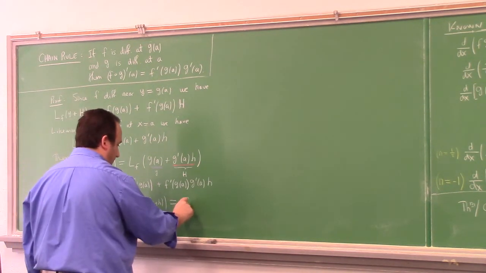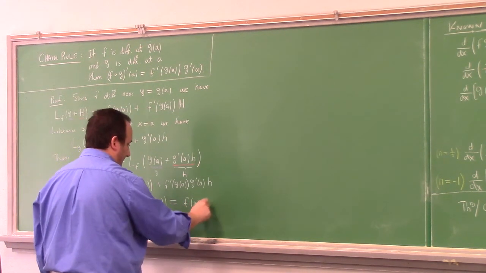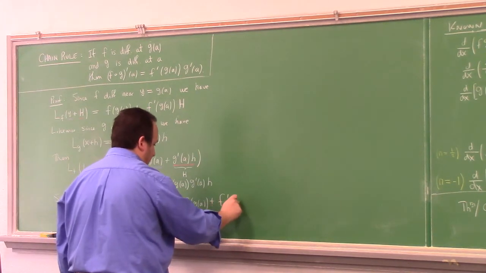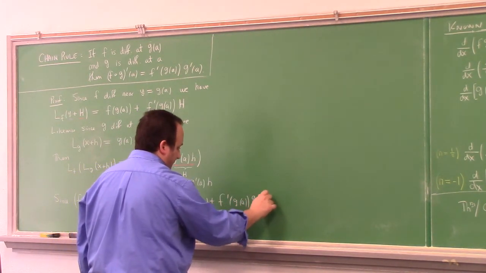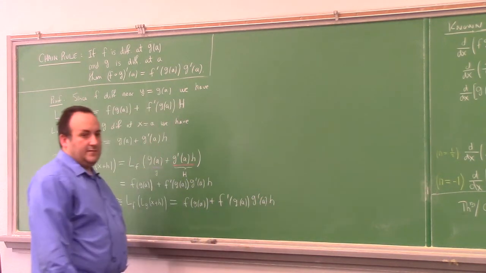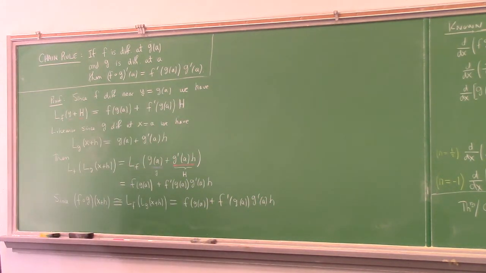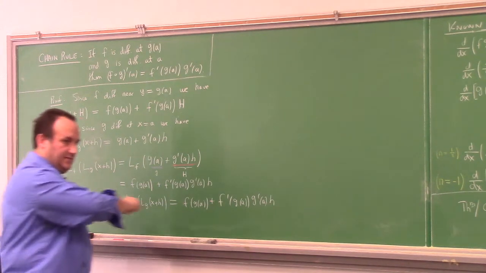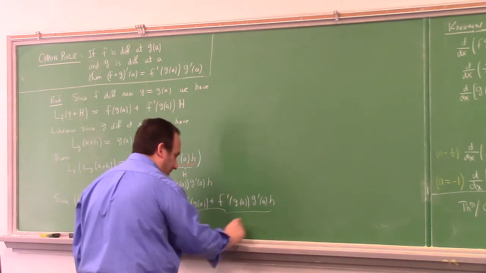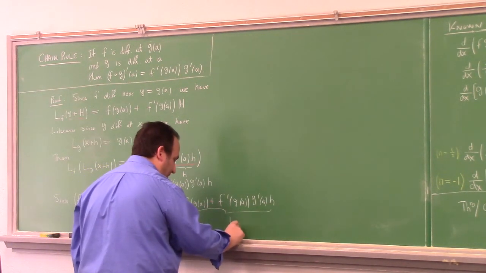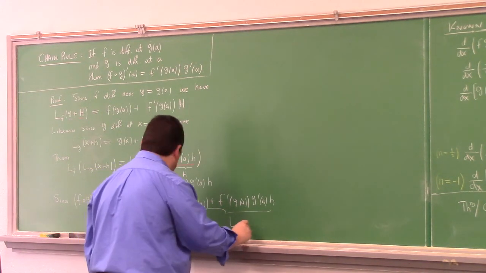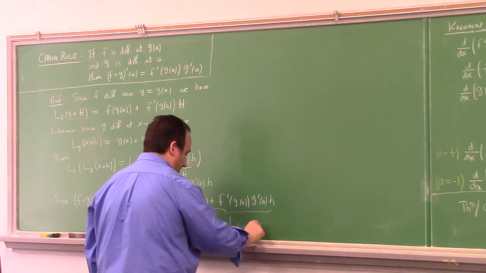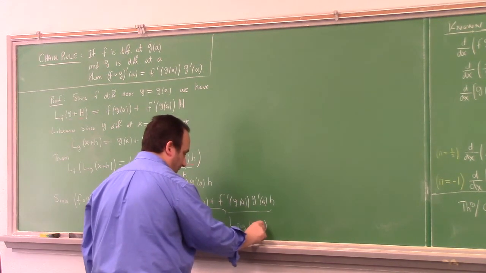Which is, by the way, equal to f of g of a plus f prime of g of a, g prime of a times h. It follows that this is the linearization of the composite of f of g at x plus h, all right?